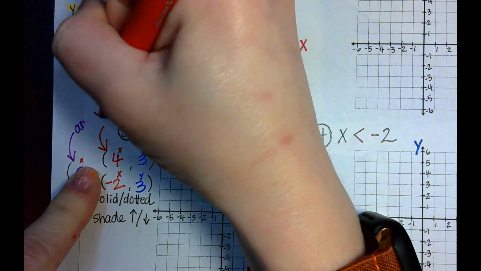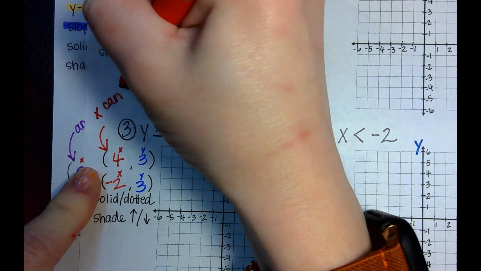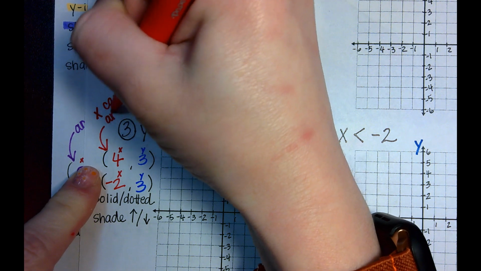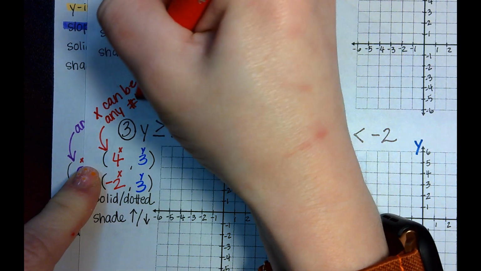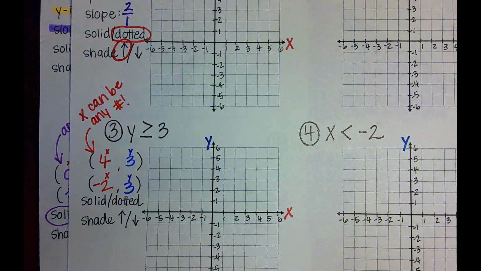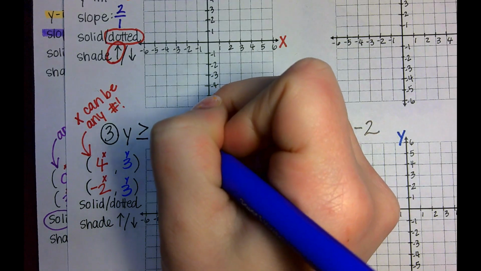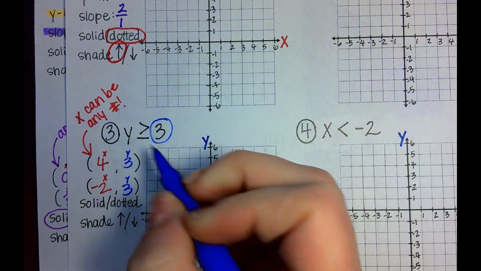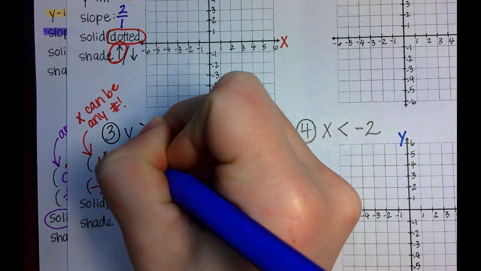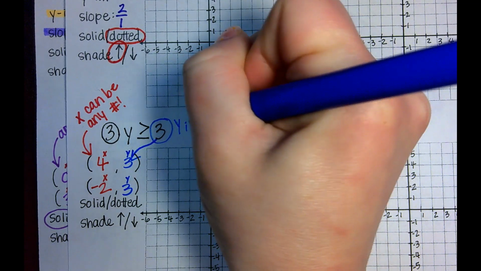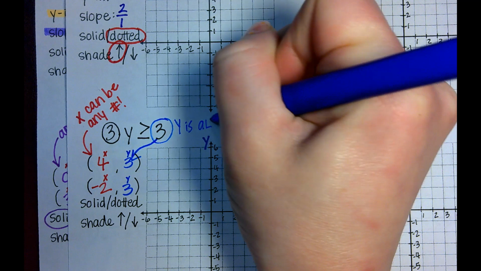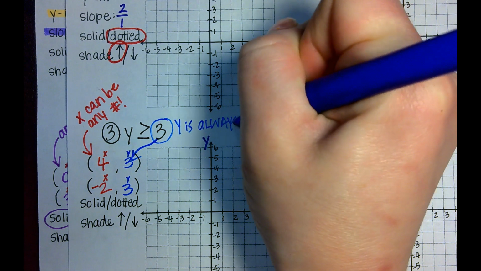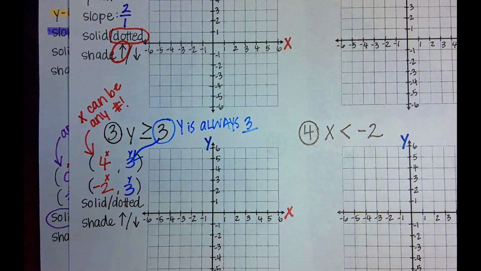X can be any number. That might be a good note to make on your page. And since we have y is greater than or equal to 3, y is always 3 in this case.